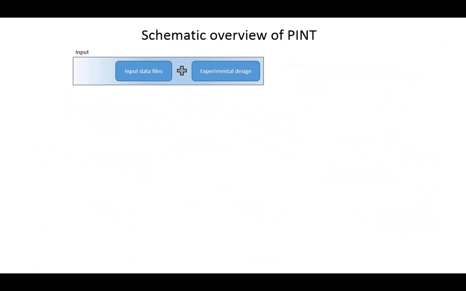So this is the schematic overview of PINT. We have an input with some input data files and the experimental design, so the user has to provide this to the system, and then there is a sort of minimum semantic validation of the data made by, let's say, a PINT import interpreter, which checks whether all the minimal information to store the data in the database is there or not, and whether that data makes sense or not.